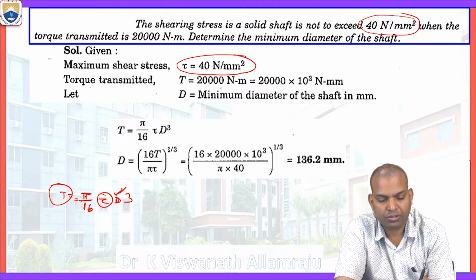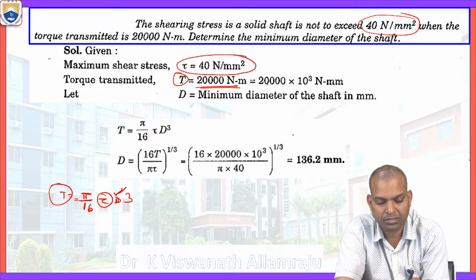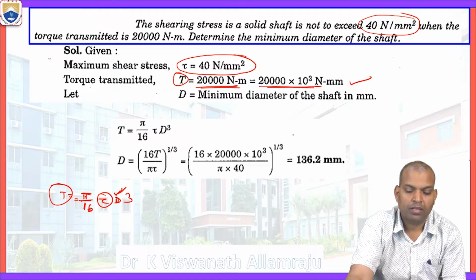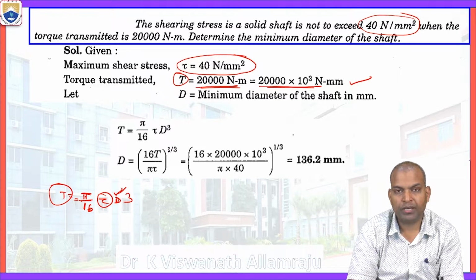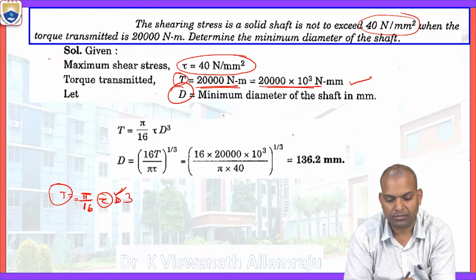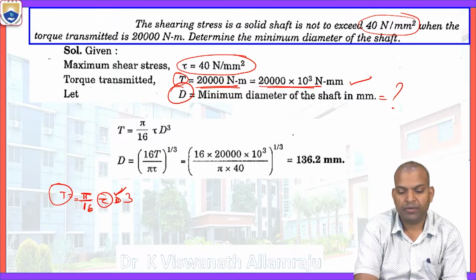So 20,000 Newton meters is the torque transmitted here, converted into Newton millimeter, that is 20,000 times 10 cube Newton millimeter. Now what is to be found? Determine the minimum diameter of the shaft. What is the d that is to be found?